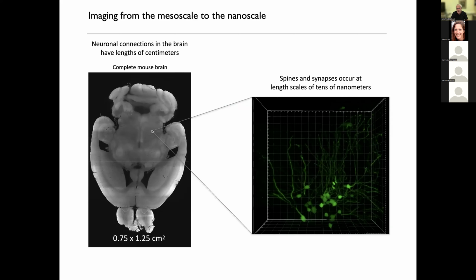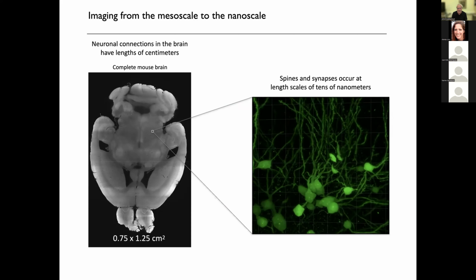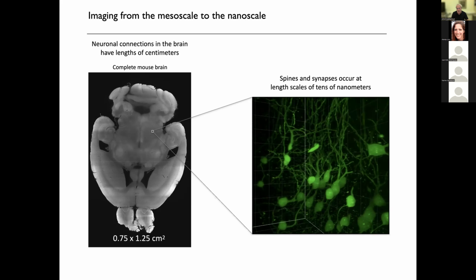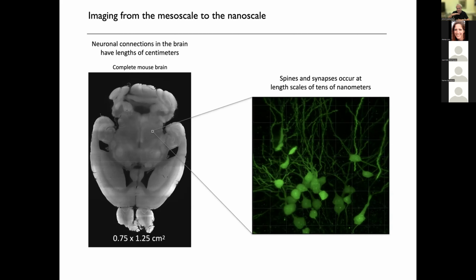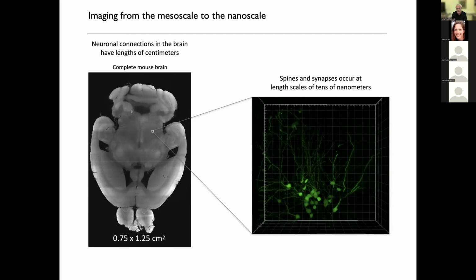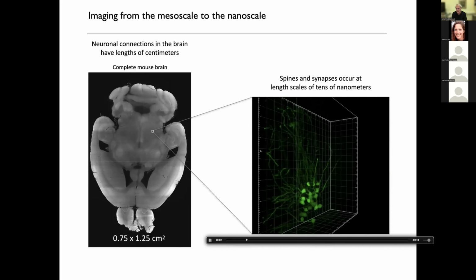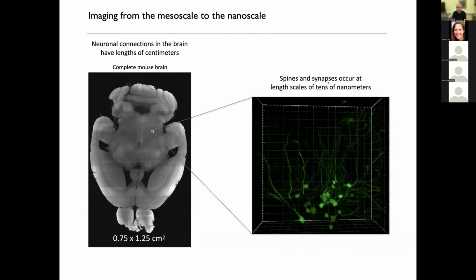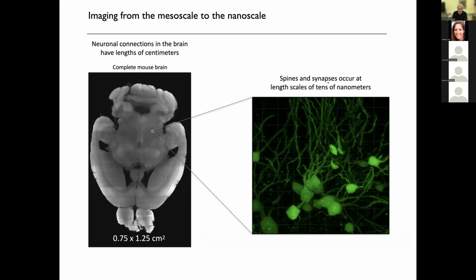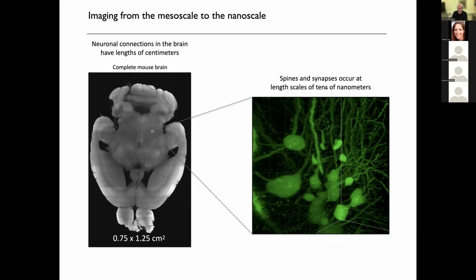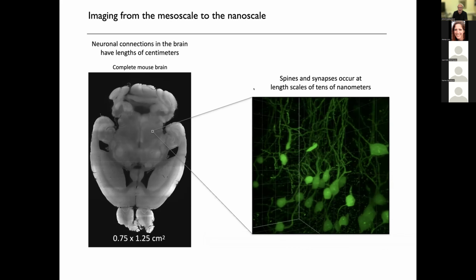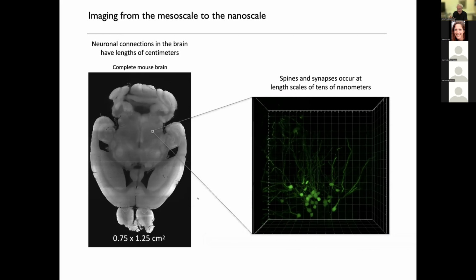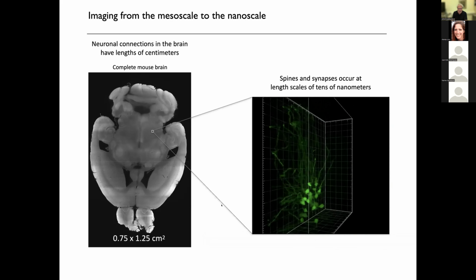So what we need to answer that question is, on the one hand, the capability to image a complete mouse brain, or at least thick sections of mouse brains, and on the other hand, achieve very high resolution, so high that we can see spines and synapses, because these occur at length scales of tens of nanometers only, and we must be able to reach such a resolution in an instrument that is capable of imaging complete mouse brains as a whole, or organoids or something like that.